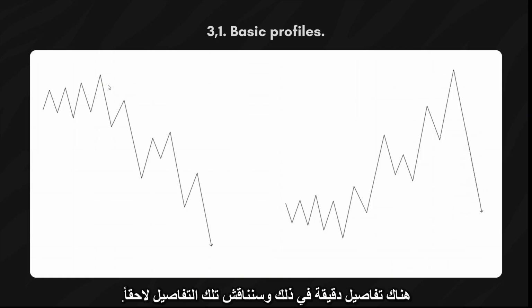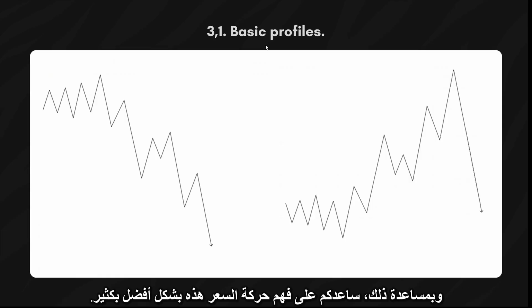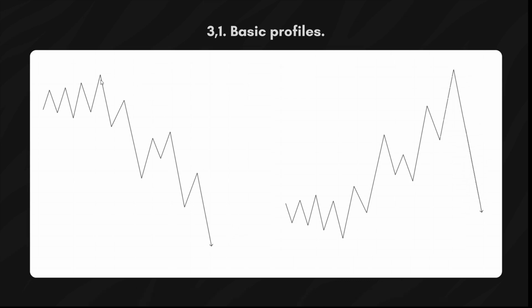There is nuance to that, and we'll discuss those details later. But right here, you just saw how I broke down this price action with the basic profiles framework, and with the help of that, it helped you understand this price action much better than market structure.